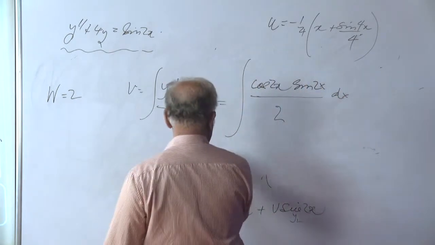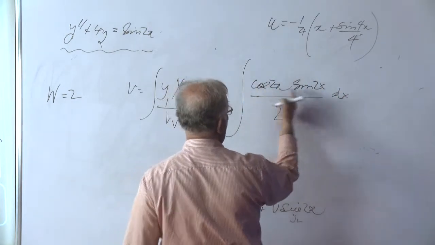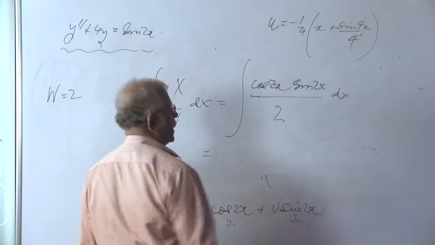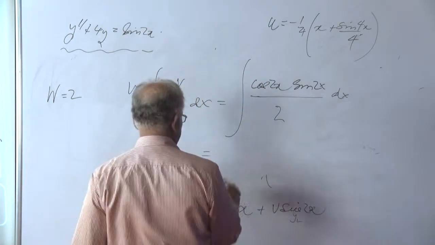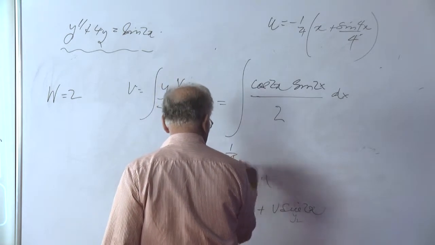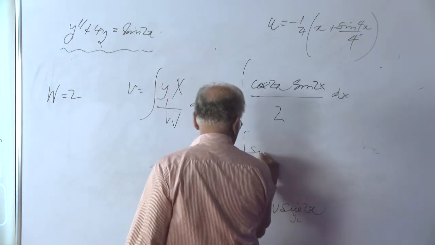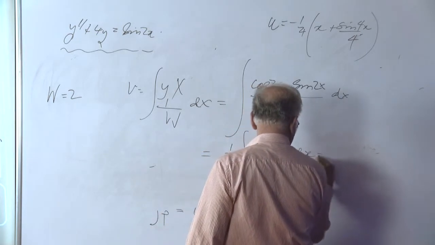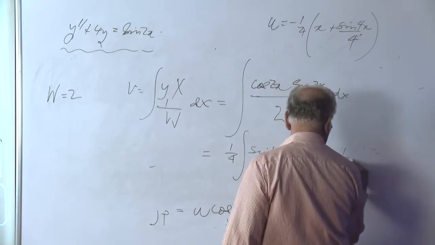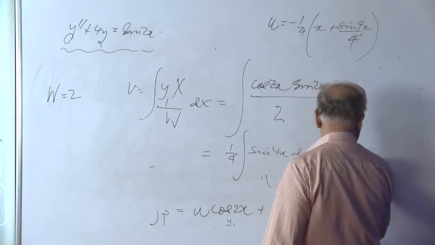Now this is of the cos theta sine theta type, which is half of sine 2 theta, so one can write this as 1/4 of sine 4x.